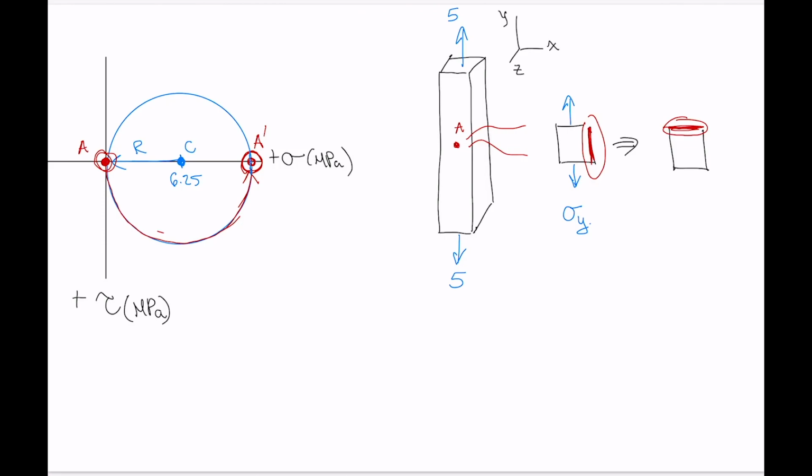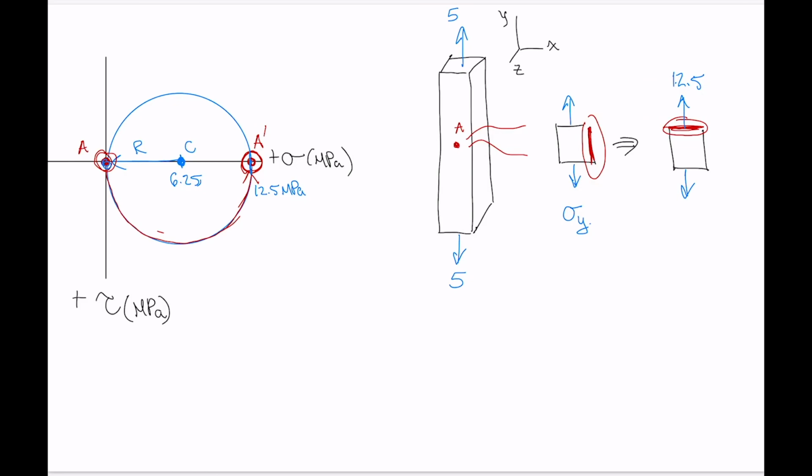If the center of our circle is 6.25, and our reference point A is located at the origin, then this point over here must be double, so it's 12.5 megapascals. So we know that the stress here is 12.5 megapascals.